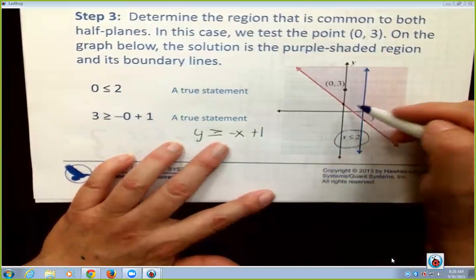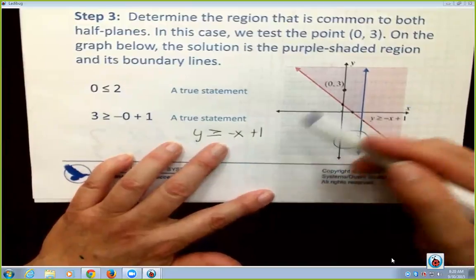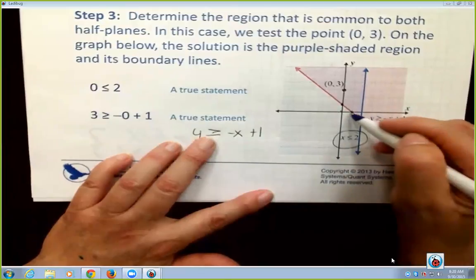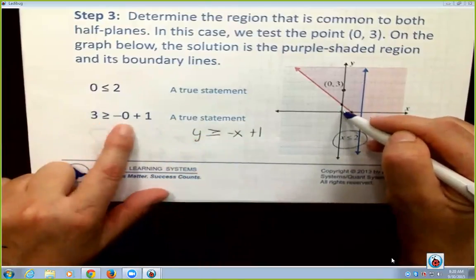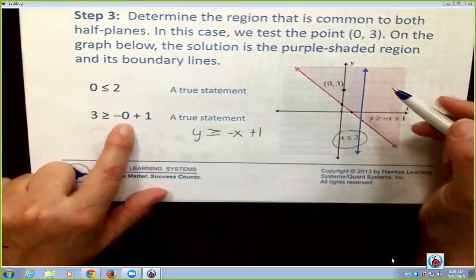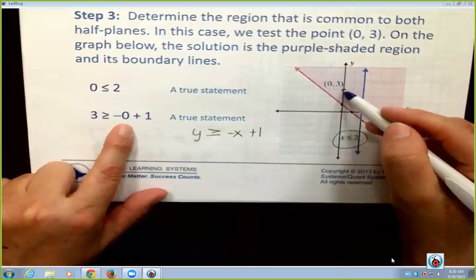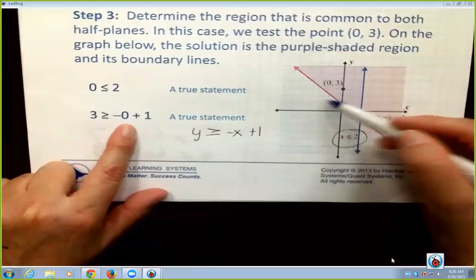My slope says go down 1 and over 1, and so that would give me my graph that's in there. And because it's a greater than, I can check a test point, (0, 0). I guess they use the test point of (0, 3) for theirs, and whether it worked. And so we end up plugging that part in because they're doing a test for the double shaded.